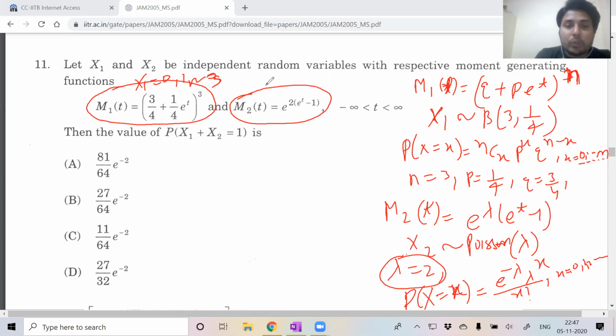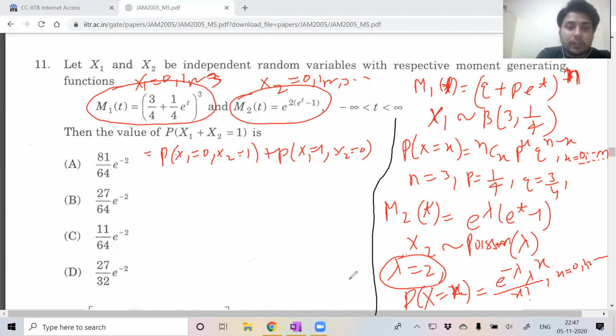And M2 is the MGF of X2, which is Poisson lambda, so it can take values 0, 1, 2, 3 up to infinity. So we need to collect X1, X2 such that the sum is 1. So what can happen? X1 is 0 and X2 is 1, or the other possibility, X1 is 1 and X2 is 0.